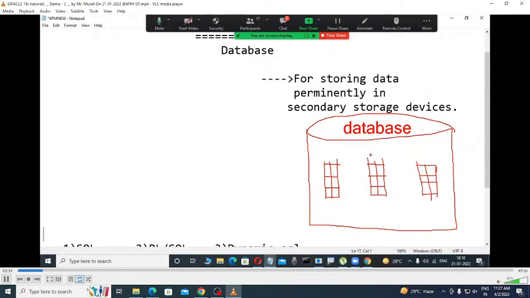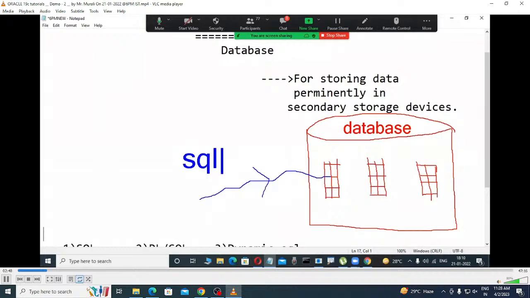That's why the structured collection of data is stored this way, and we work with this data using SQL, the structured query language.